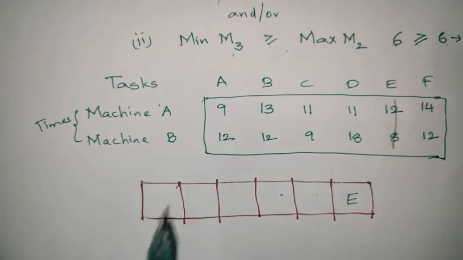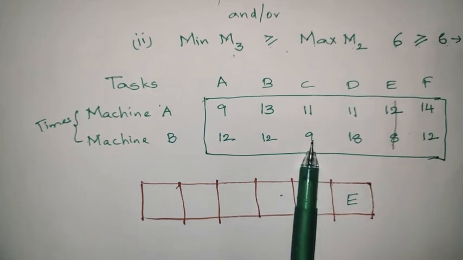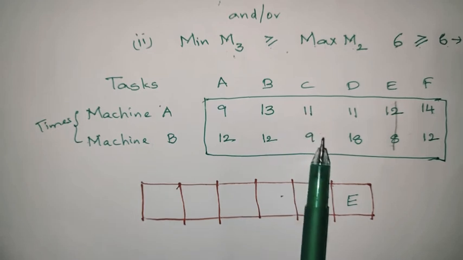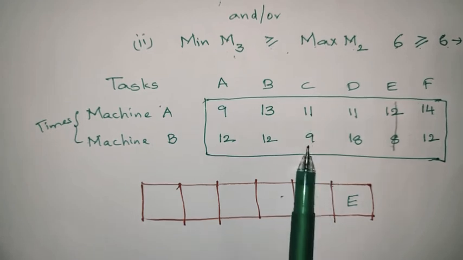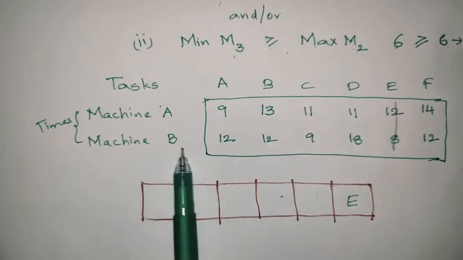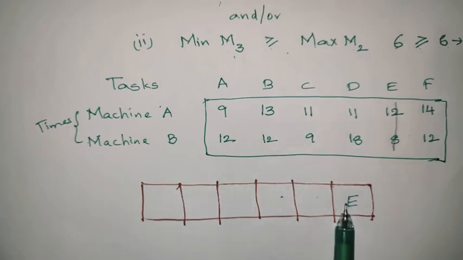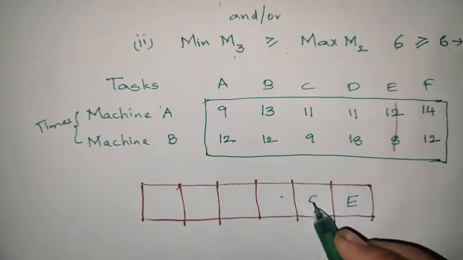Here the tie exists in different series, so there will be no problem. If you take this 9, it corresponds to job C on machine B, so we need to write C on the right side of the table. In these 5 grids, the right side is this one, so I am writing C here.